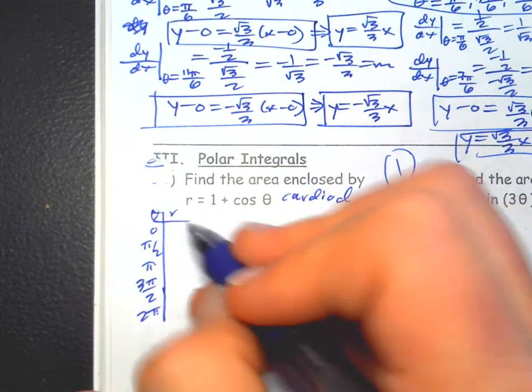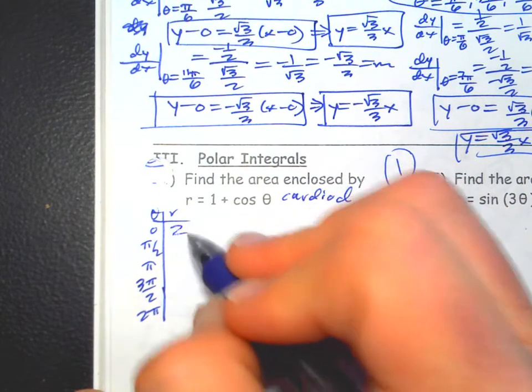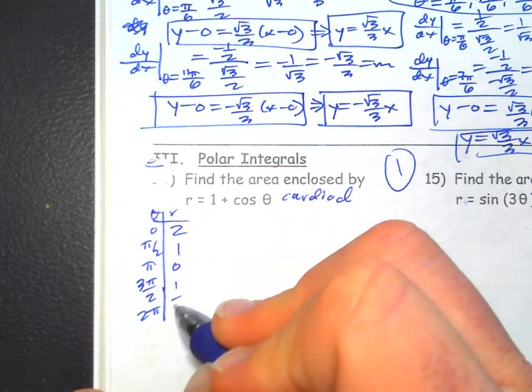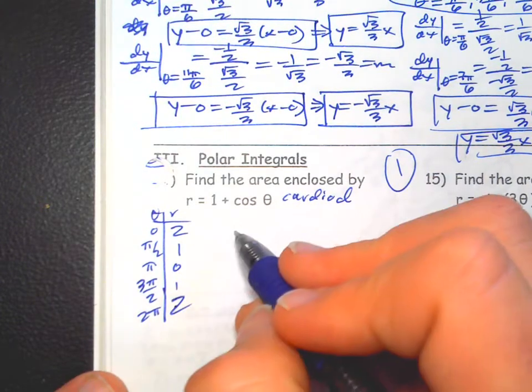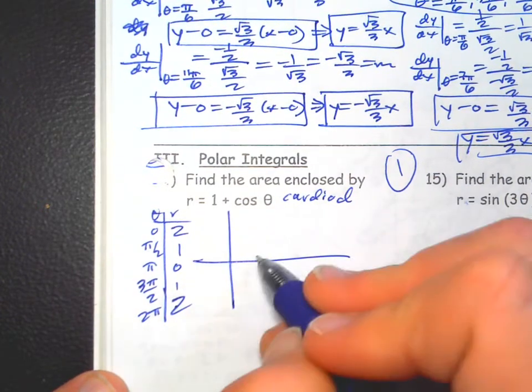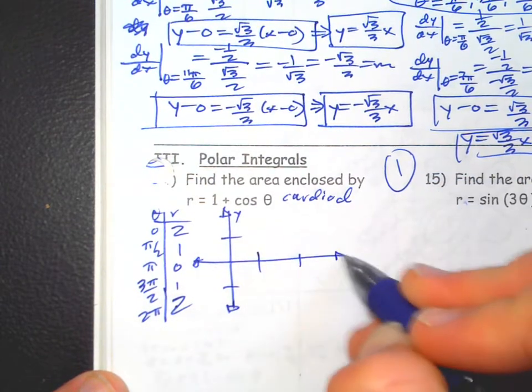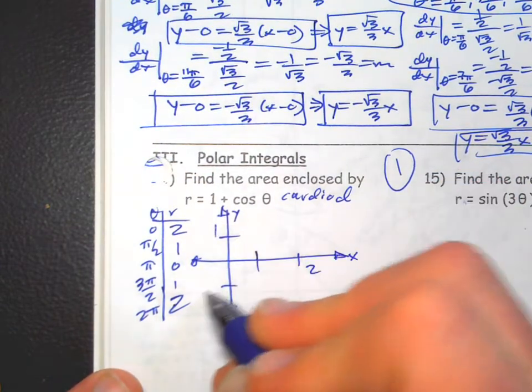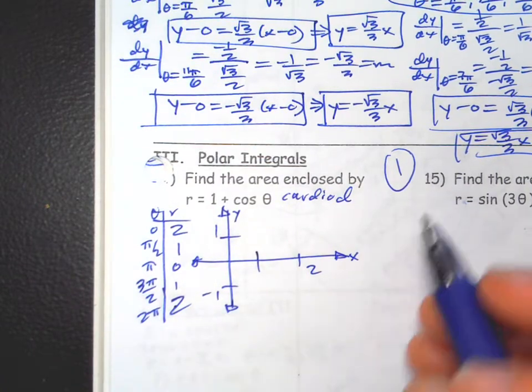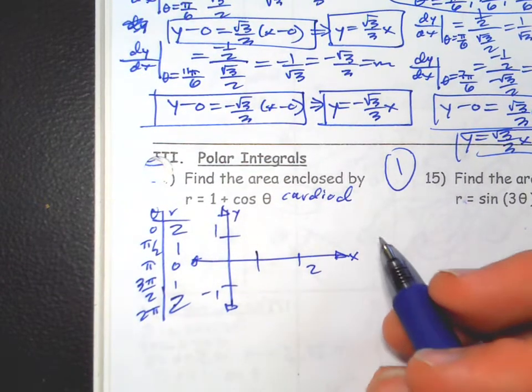Understand that you're going to go 0 to pi. It's going to be 2, 1, 0, 1, 2. So I don't really know, you could probably get away without drawing a graph here. The ones that involve multiple curves, you for sure need a graph.